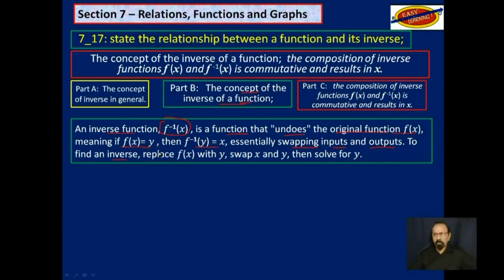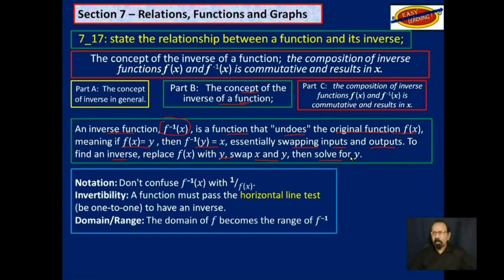To find an inverse, replace f of x with y, swap x and y, and then solve for y. Now, don't confuse inverse f of x with 1 over f of x. They are two different things. And invertibility, a function must pass the horizontal line test, be 1 to 1, to have an inverse that is also a function. The domain and the range, the domain of f becomes the range of inverse f.